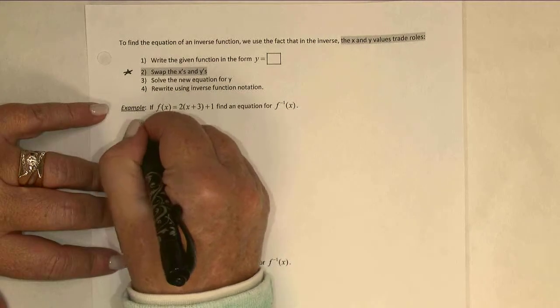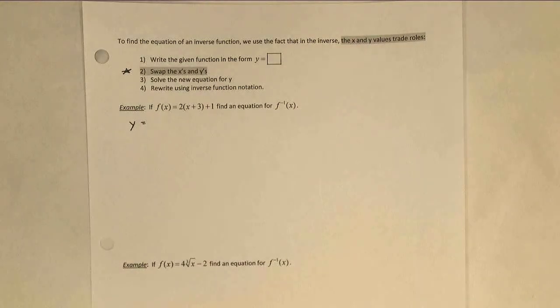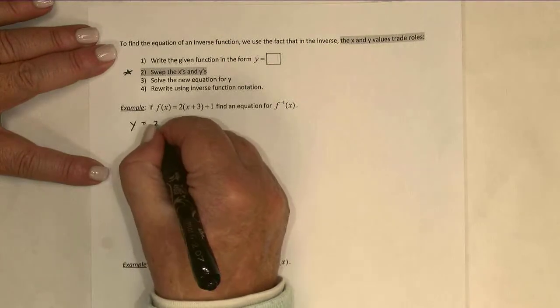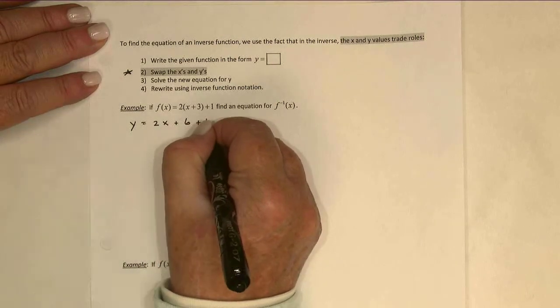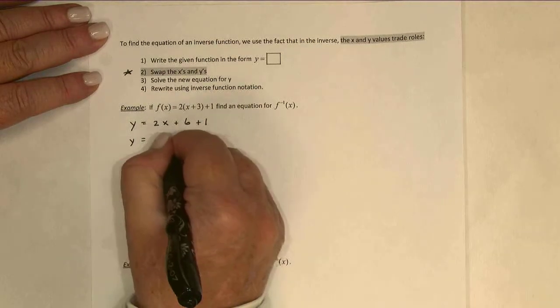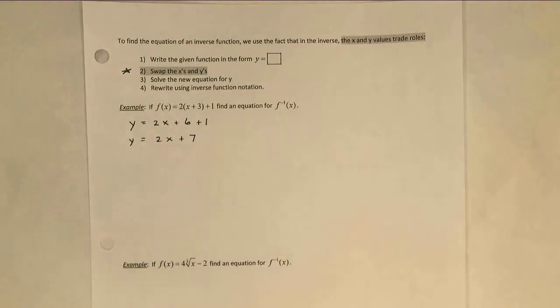I'll begin by rewriting this as y equals. And while I do that, let me also go ahead and simplify that function a little bit. That would be 2x plus 6 plus 1. Or in other words, y equals 2x plus 7. All right, right here's the point that we're going to make it an inverse.